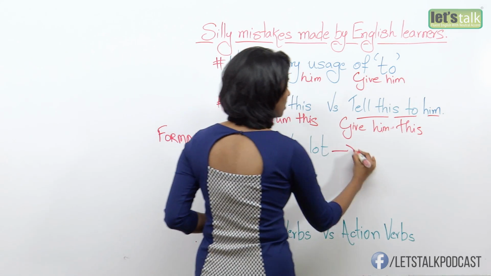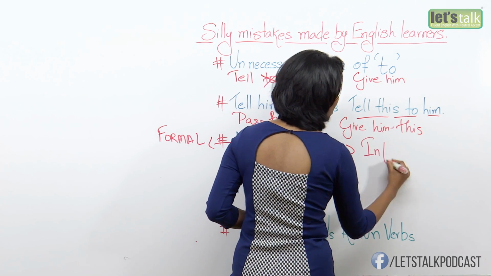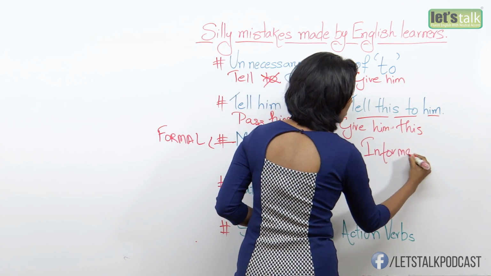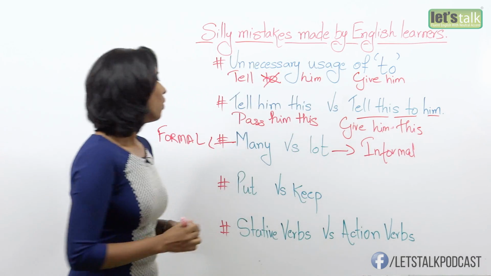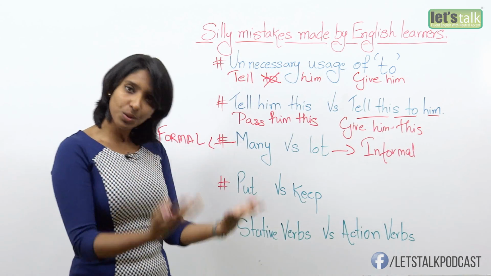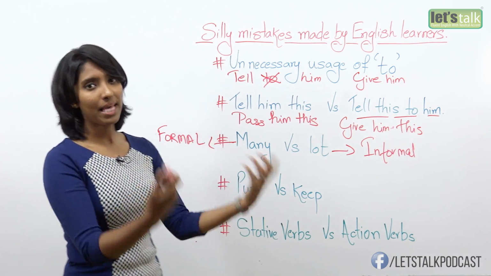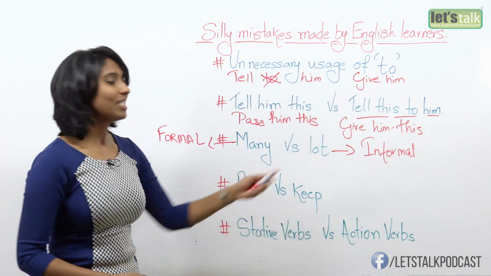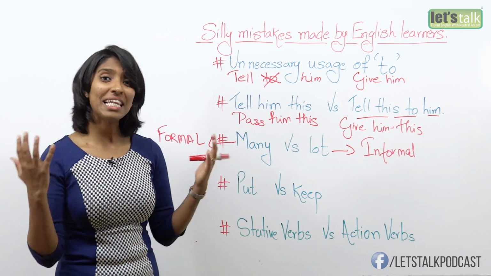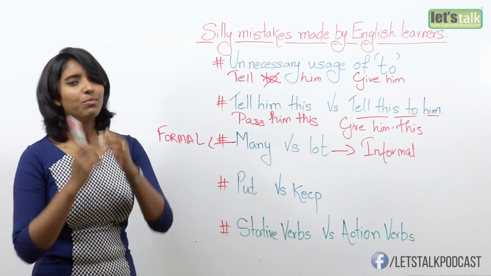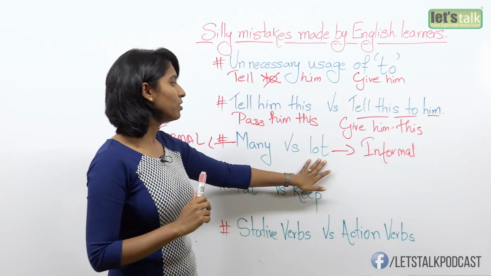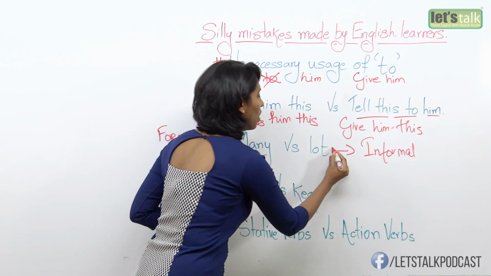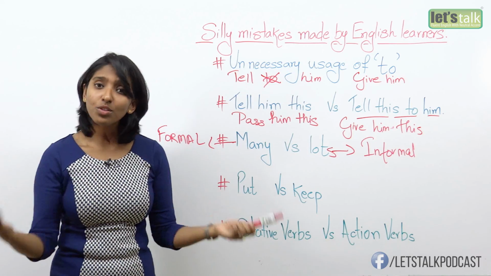However, "lots" is usually used in informal English, okay? While "many" is for countable nouns like many pens or many sticks, "lots" is for uncountable or collective nouns. However, I'm sure you would have noticed a lot of people use "lot" or "lots" with countable nouns.